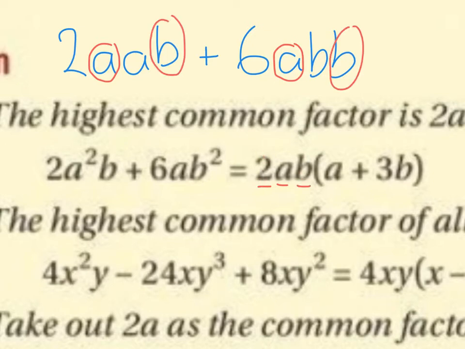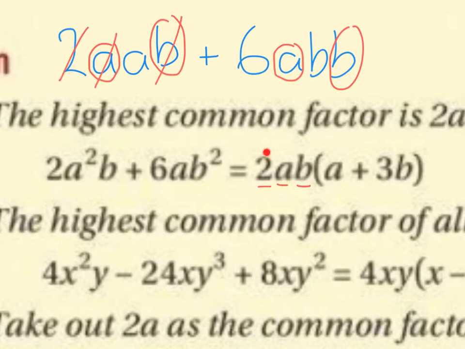So 2 into 2, that's just going to cancel, or technically it goes in once. A into A, that's going to cancel. And B into B, that's going to cancel. So all that is left is this single A. So that's why we have a single A inside the bracket. Then we do the same with the right term.